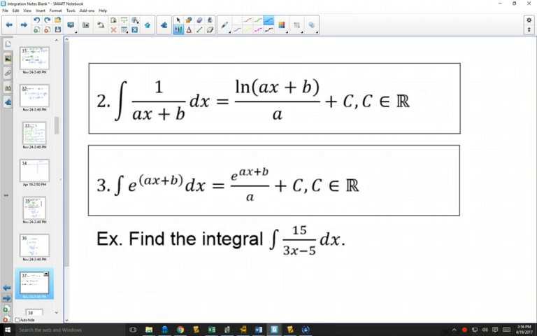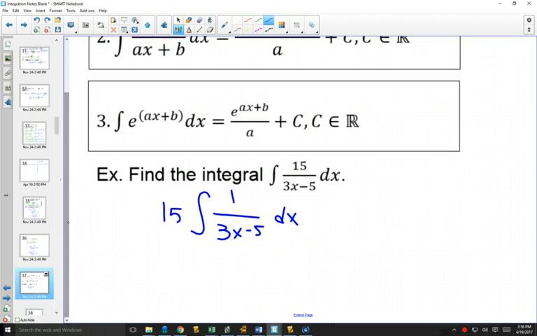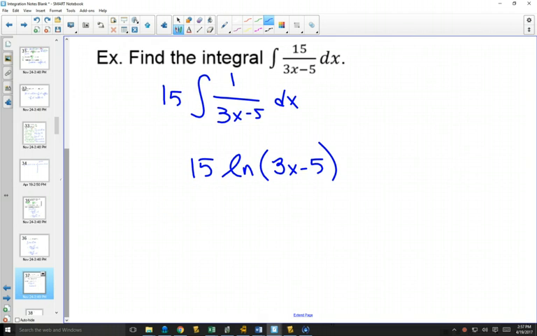So to recognize that this is the same as 1 over 3x minus 5, you could bring that 15 out in front. And 1 over, and now we have the ax plus b on the bottom, means that we would have natural log of 3x minus 5, but this would be a chain rule which would multiply by 3, so we compensate by dividing by 3.